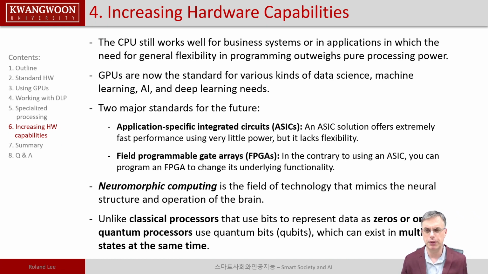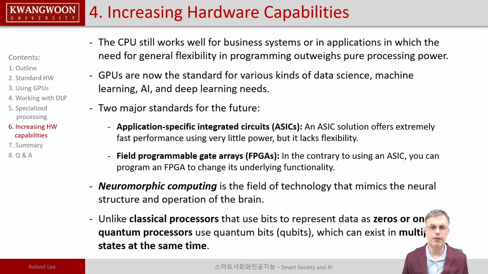That's more important. The CPU still works well for business systems or in applications in which the need for general flexibility in programming outweighs pure processing power. However, GPUs are now the standard for various kinds of data science, machine learning, AI, and deep learning needs. Certainly, developers are constantly looking for the next big thing in the development environment.